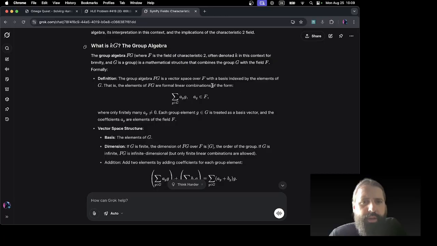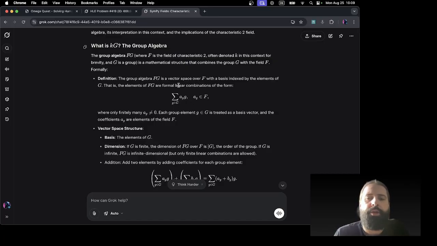That is, the elements of Fg are formal linear combinations of the form sum of a_g g, such that a_g belongs to F and g belongs to G. Linear combinations. So here we're doing pairs.